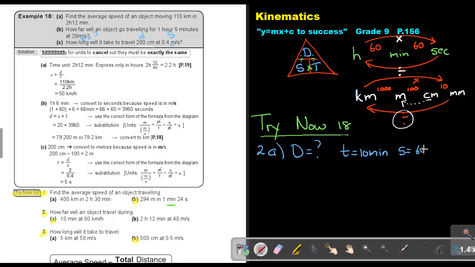It's 60 kilometers per hour. So how do I find distance? Distance is speed multiplied by time. Now, this is in kilometers per hour, so the time must also go to hours.